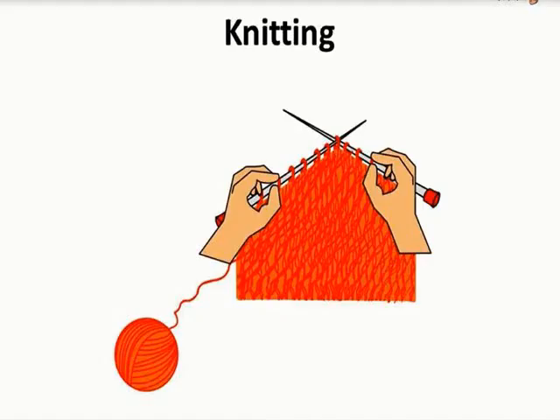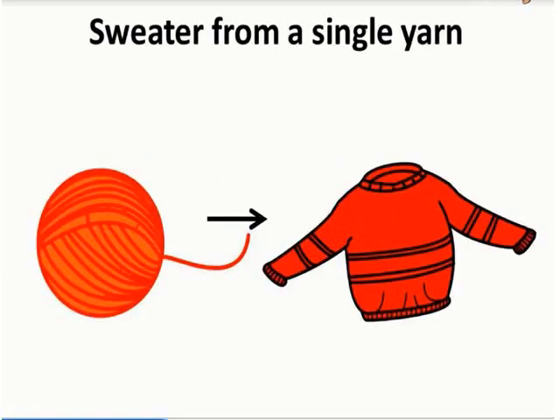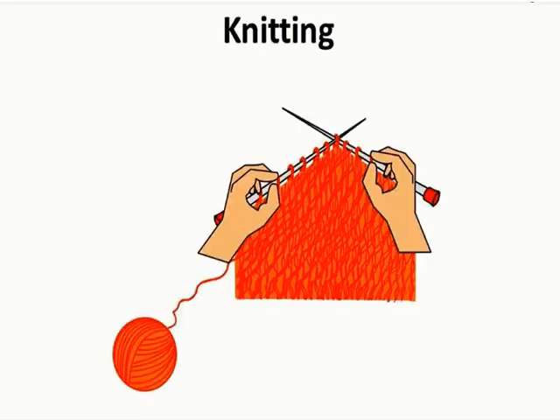You must have seen your mother or grandmother making sweaters. She uses 2 needles to make a loop pattern. To knit a sweater, a single yarn is used in knitting. A single yarn turns into a big sweater. Isn't it amazing? This method is called knitting.